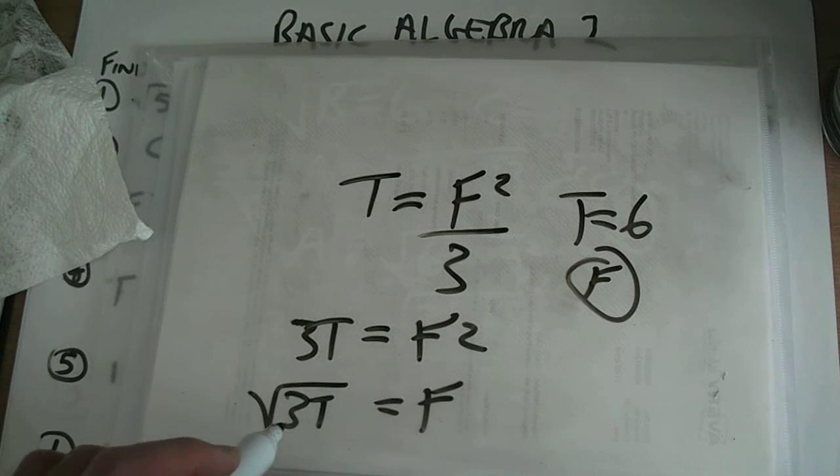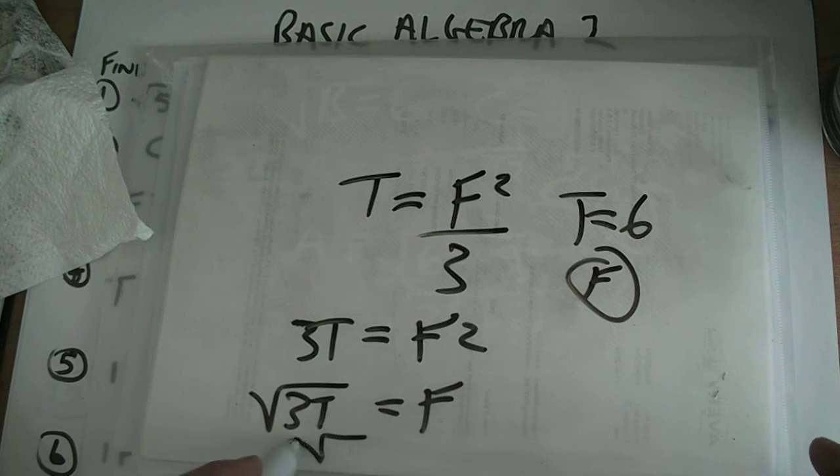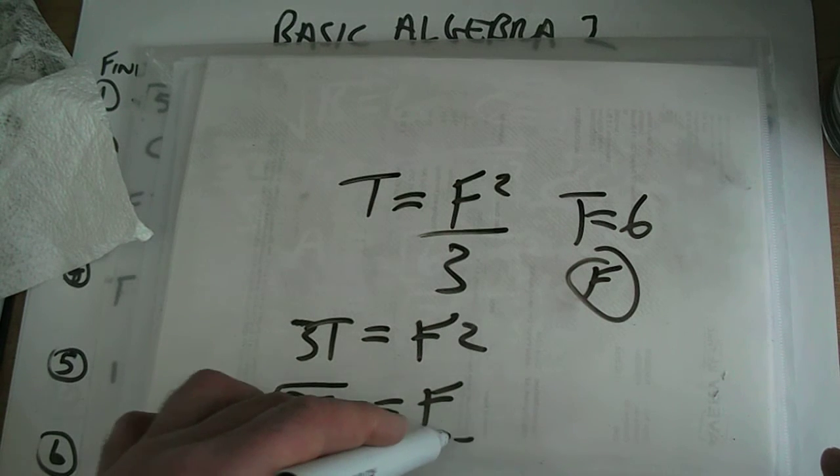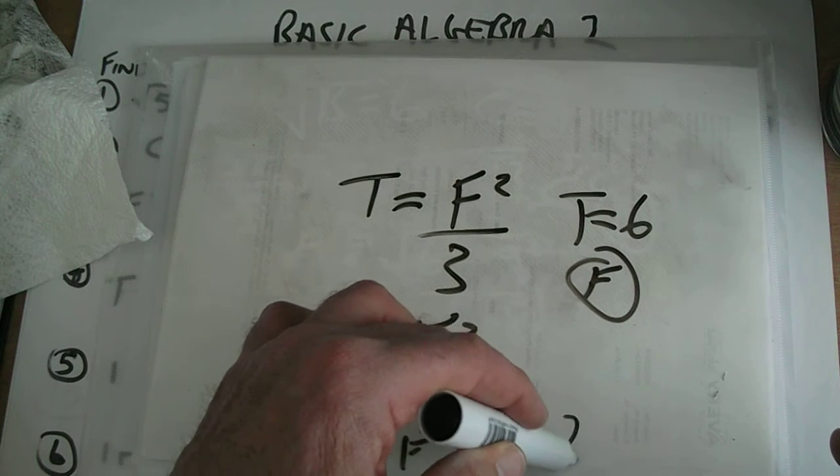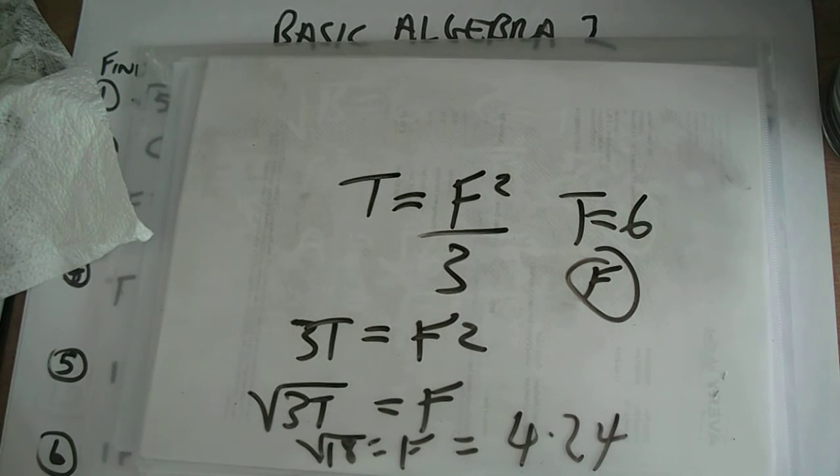I know I've been given t is 6, so 3 6s are 18. Square root of 18 equals f equals 4.24.